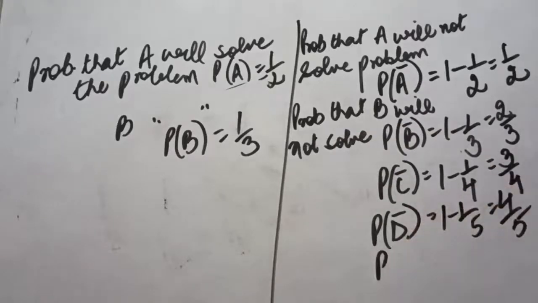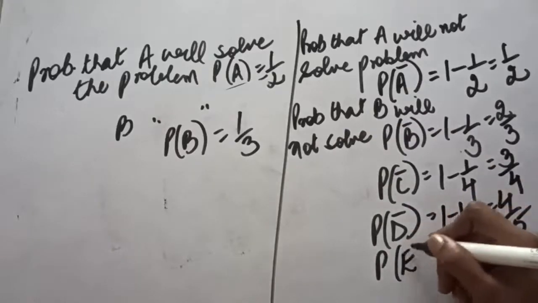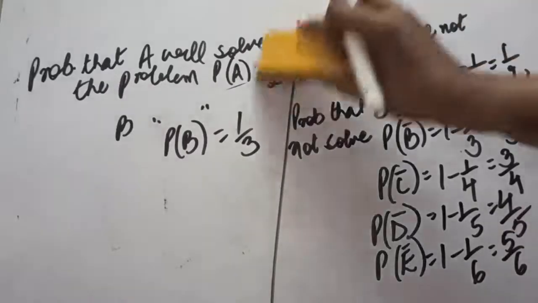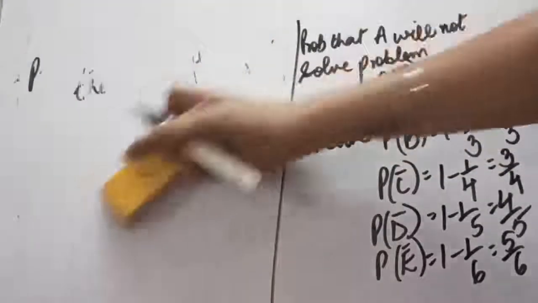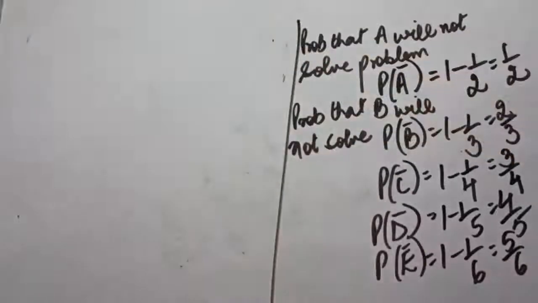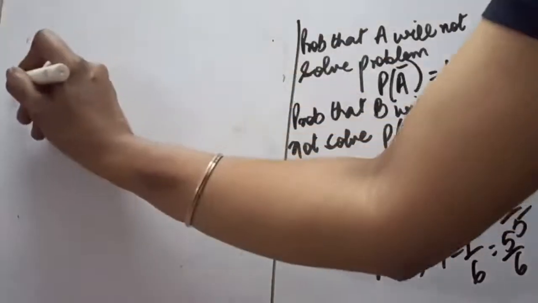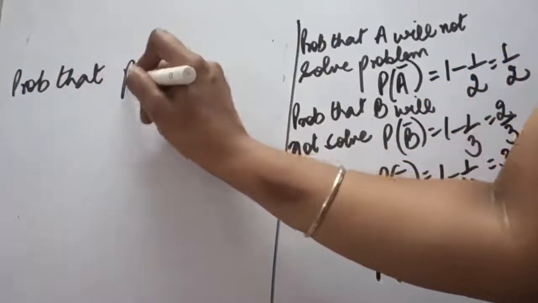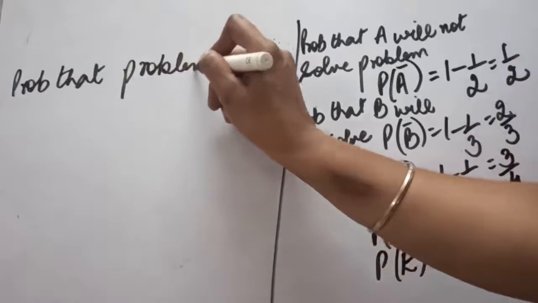And lastly, the probability that E will also not solve the problem is 1 minus 1 upon 6, that is 5 upon 6. So individually we have found that all of them will not be able to solve the problem. Now we have to find out that no one will be able to solve the problem. So the probability that the problem will not be solved.